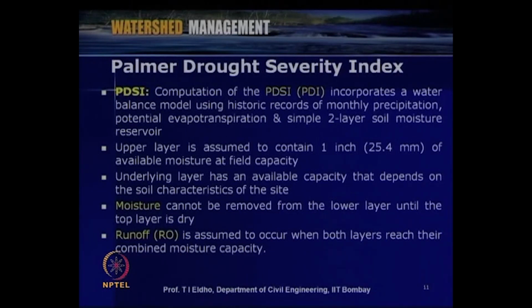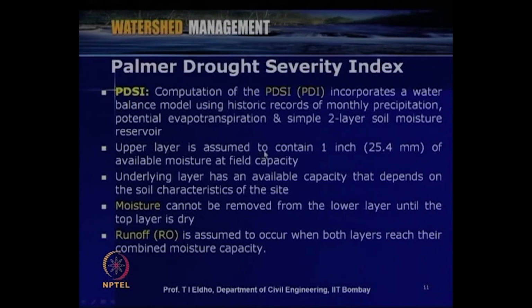That shows the effects of historic records of monthly precipitation, then water balance, then evapotranspiration effects, and then also the soil pattern and the soil moisture storage. So, we consider here a 2-layer soil moisture reservoir.